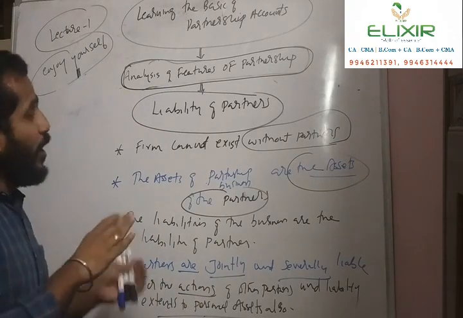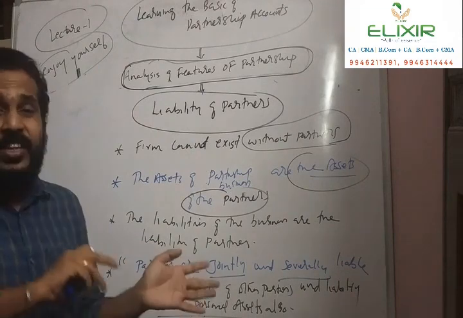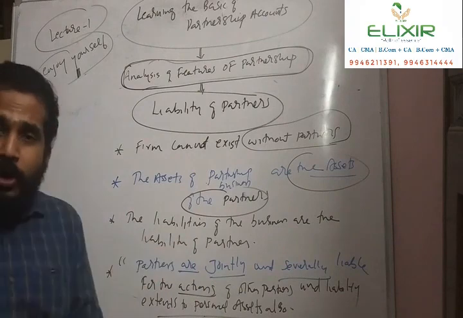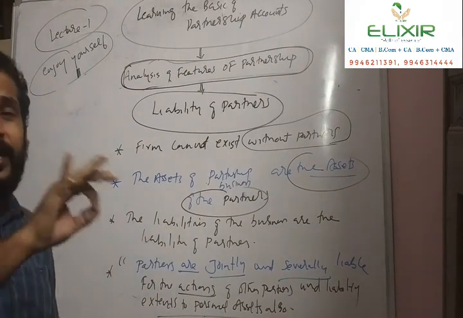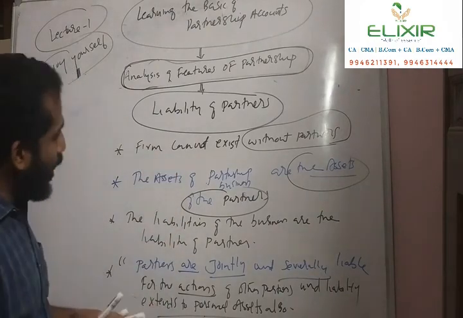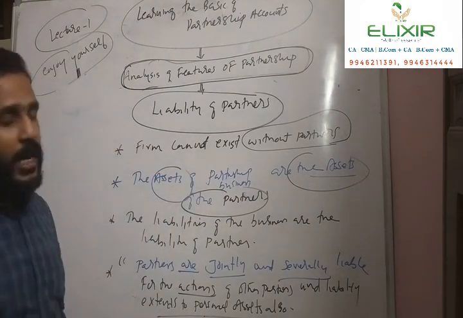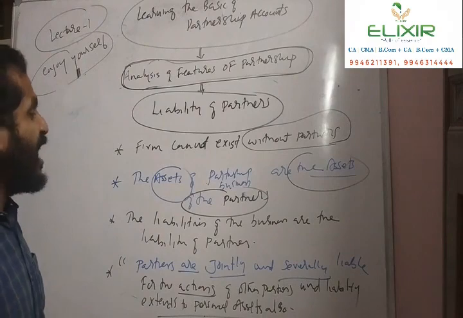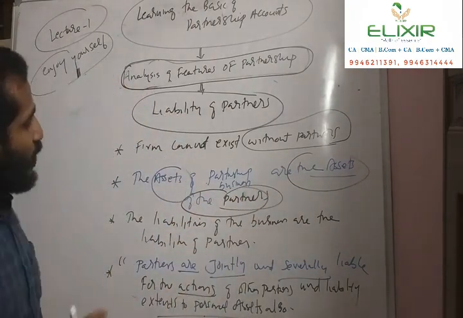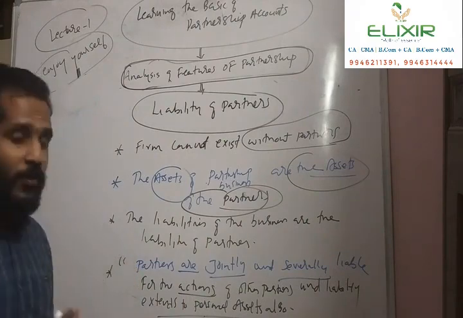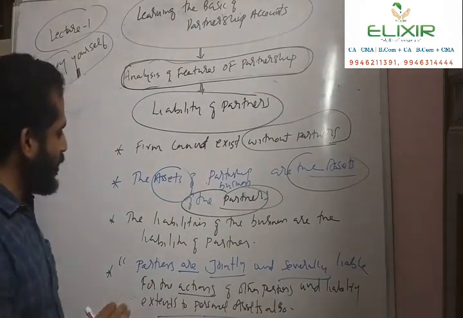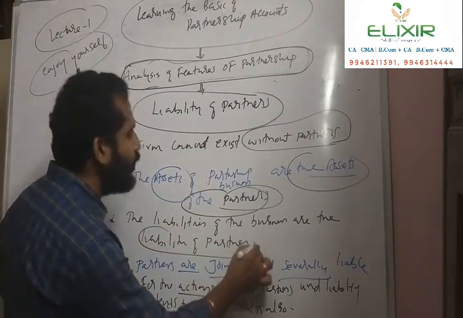So if the firm cannot exist without its partners, therefore there is no concept of separate legal entity, which means the assets of the partnership business are the assets of the partners.